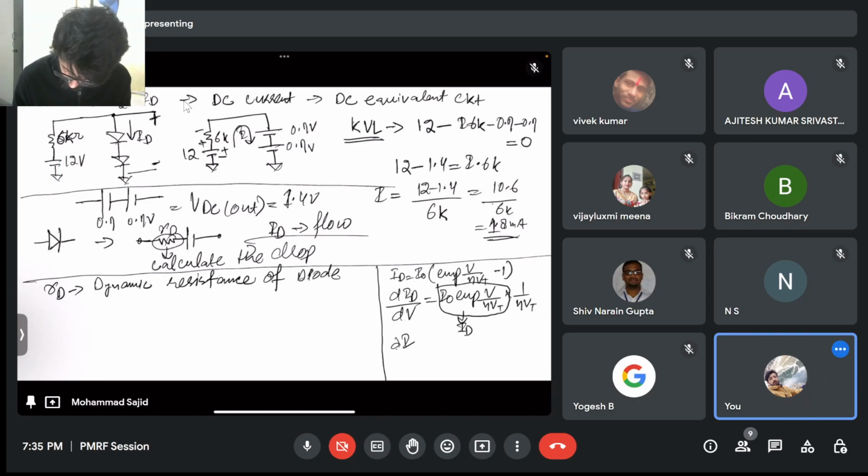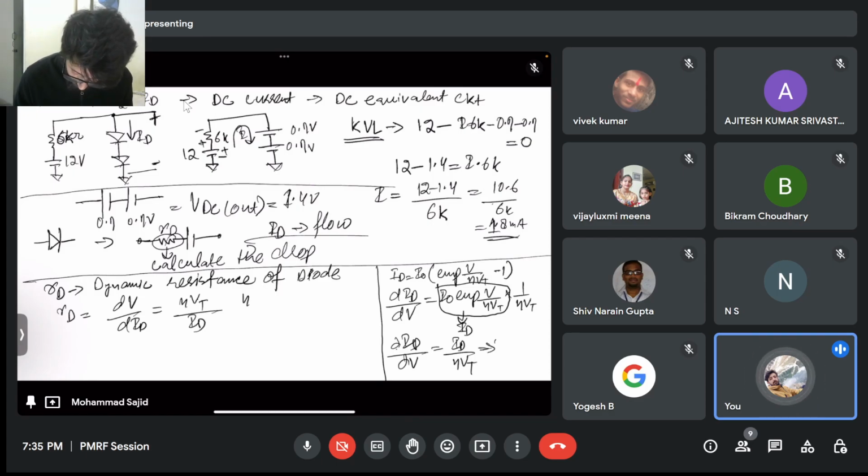So dID by dV will be equivalent to ID by eta Vt. Now your resistance will be equivalent to dV by dID, that's equal to eta Vt by ID, right? Now eta is equal to 1, so your RD will be equal to Vt by ID.